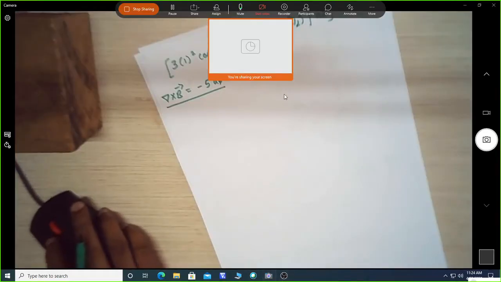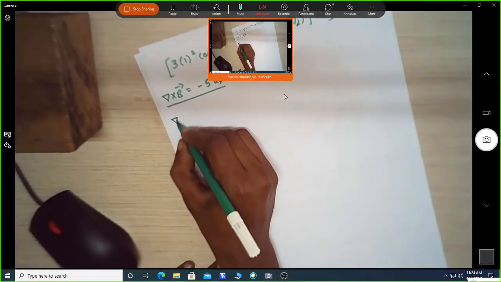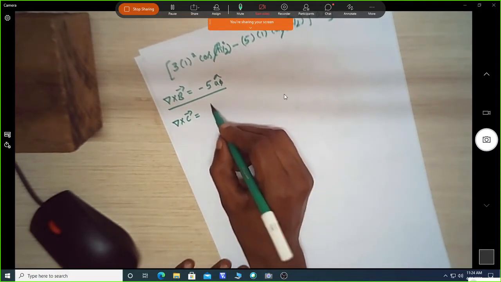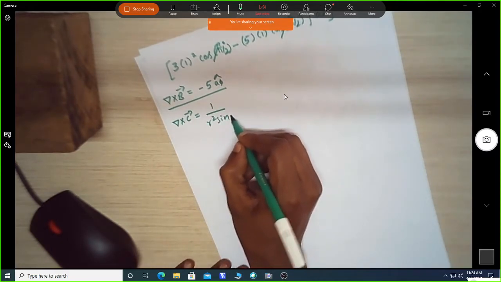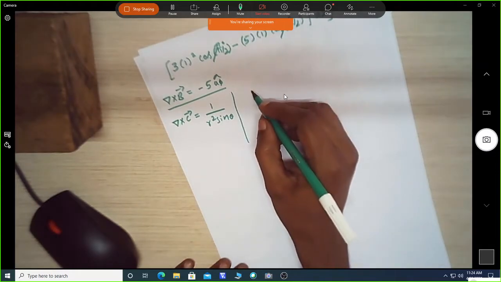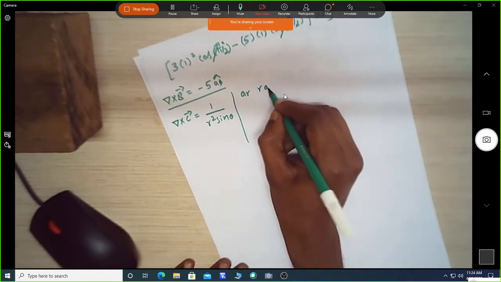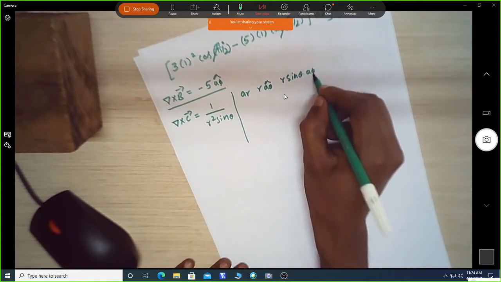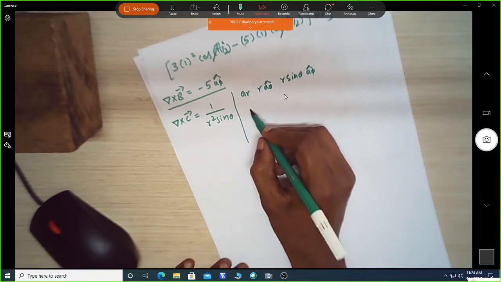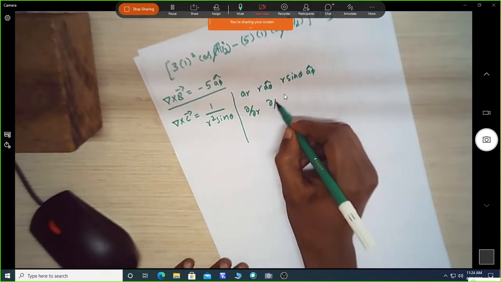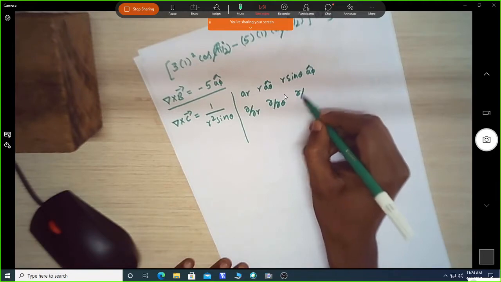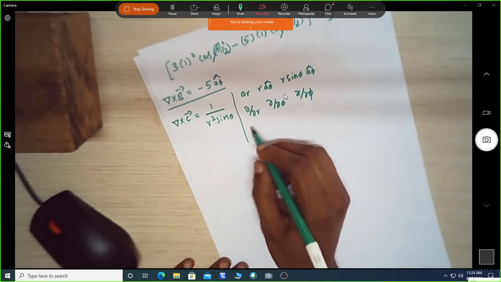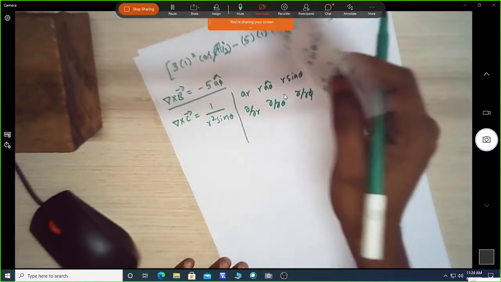Next one. Del cross C in spherical coordinate system, which is nothing but 1 over r square sin theta, in the direction ar, r a theta and r sin theta a phi. Okay, so del by del r, del by del theta and del by del phi. So now what are the components? Here we have the problem.